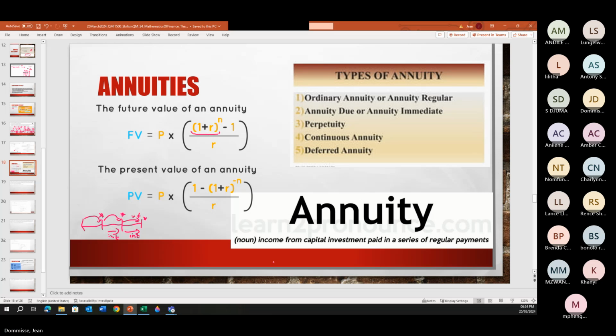So when we look at annuities, we will use the same principle. So if you need to work out the future value, they need to tell us what the payments per month is, or what the period is.